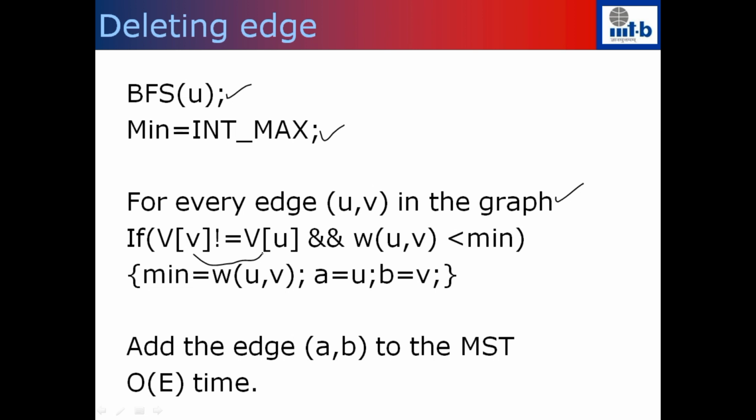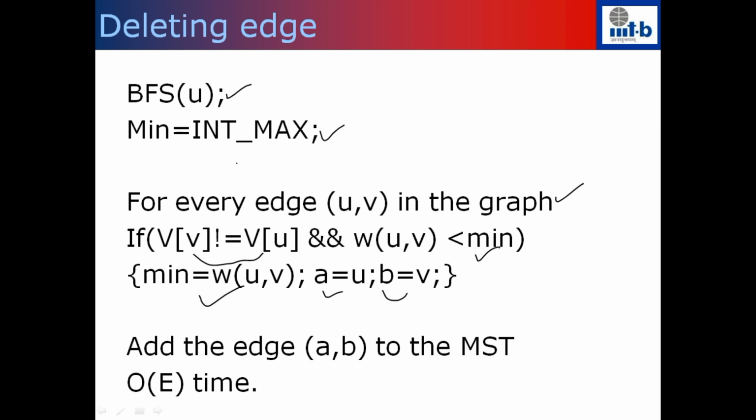If the weight of the present edge, that is W of U comma V, is smaller than the minimum, then you update your minimum. When you update your minimum, you also keep track of the edge which gives us the minimum. Because I deleted U comma V, I had two connected components, so I looked at all the edges in the actual graph and took the edge going across with minimum weight.